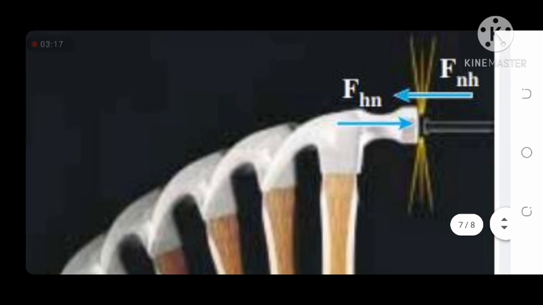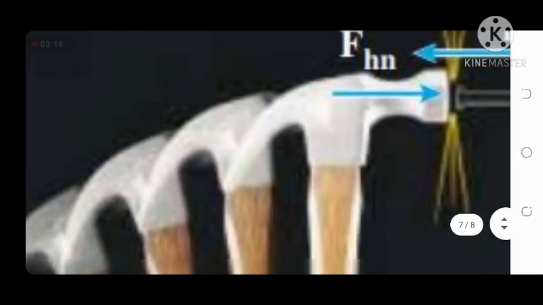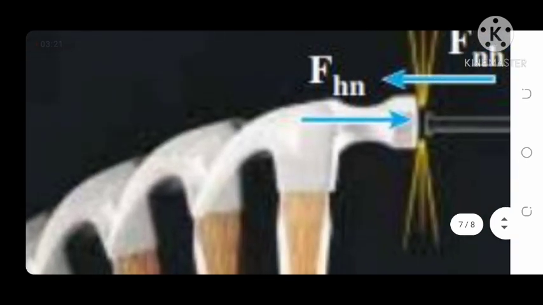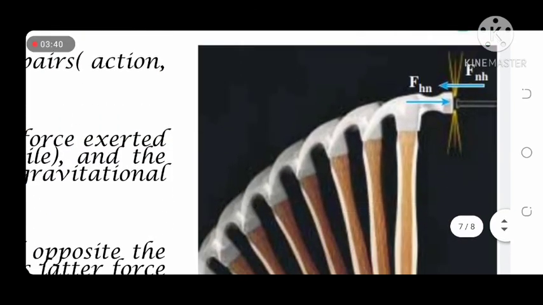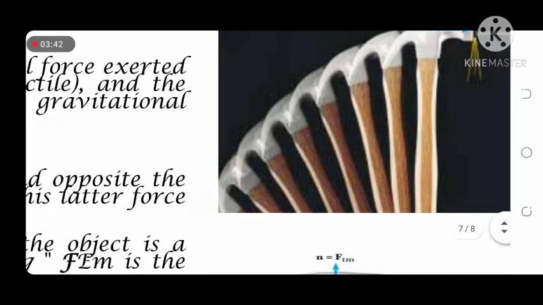These forces we can see easily are equal in magnitude but opposite in direction. Both blue colored arrows have the same length, that is equal magnitude, and both arrows are in opposite directions. Means both forces are equal but opposite in direction.